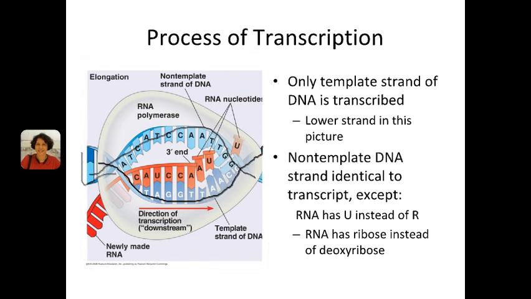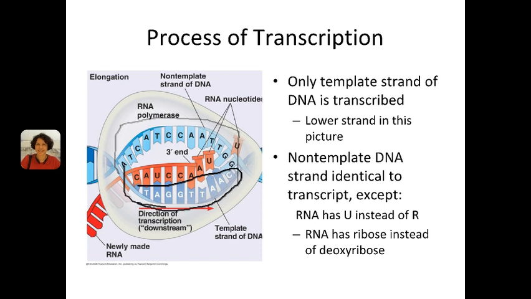The bubble goes from here to there, and you have these separated bases. The template is the lower DNA strand, so this part here is what is going to be copied by RNA polymerase to produce the RNA transcript. The transcript is shown in red. Notice that here is the 3' end of the transcript.